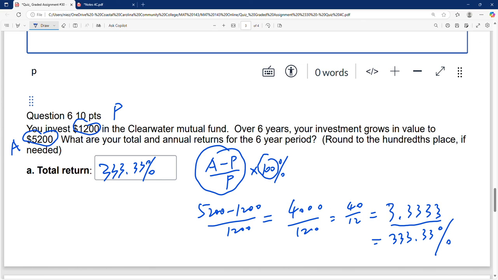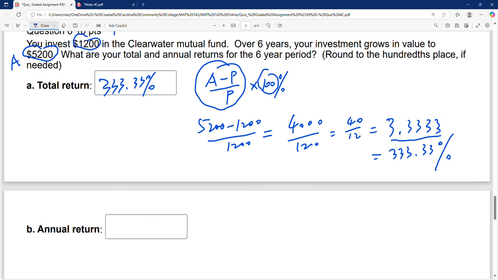That's the return. The percentage is more important, because from this you know that if you invest in this mutual fund, Clever Water Mutual Fund, then after 6 years you're going to get more than 300% return. That means if you invest, let's say, 10K, it's going to become 40K or something, more than 40K.